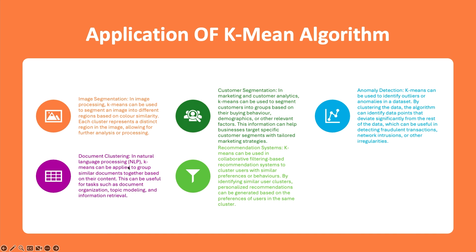It's also used in natural language processing for document clustering. It can also be used in businesses for customer segmentation, based on different properties like buying behavior, demographics, and some other properties. It can also be used in a recommendation system.